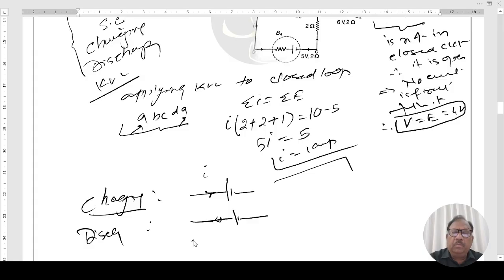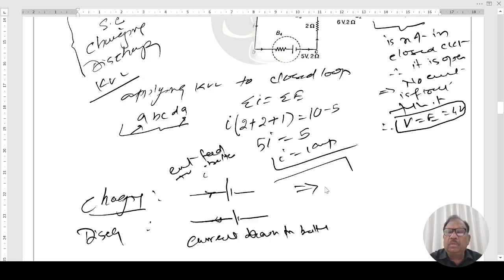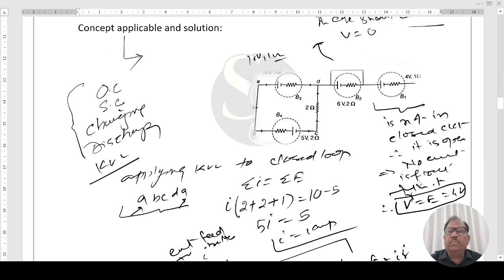Current drawn from battery, and current fed to battery is charging. In the charging case, V equal to E plus IR. In the discharging case, V equal to E minus IR. Everything is given to you.